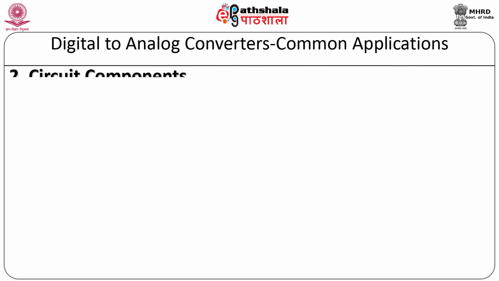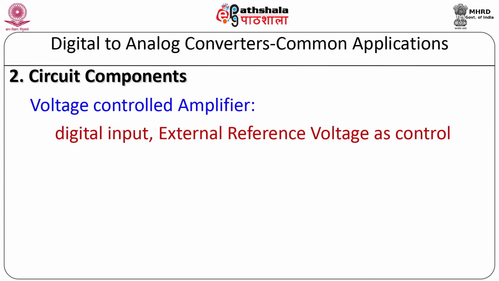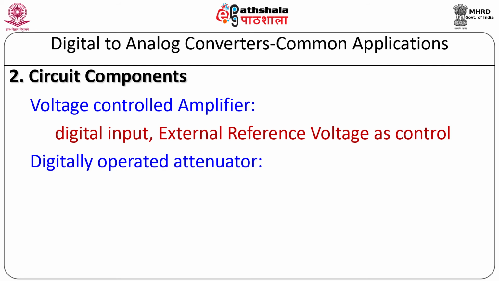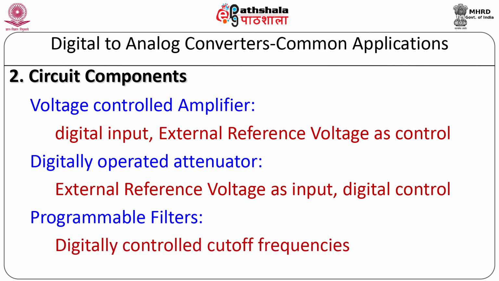There are certain circuit components which also use digital to analog converters, maybe voltage controlled amplifiers, digitally operated attenuators, or even programmable filters whose cutoff frequencies can be controlled from digital input.